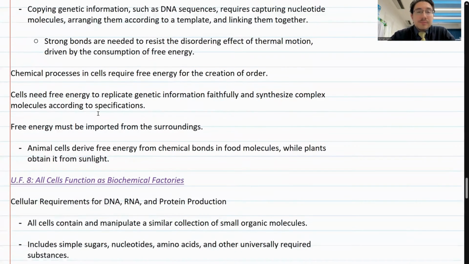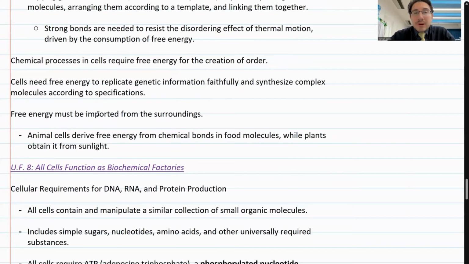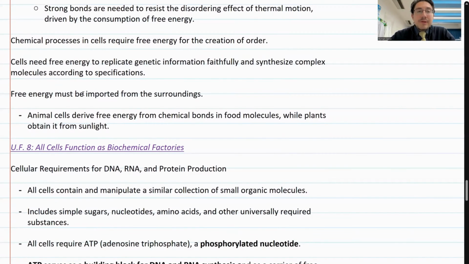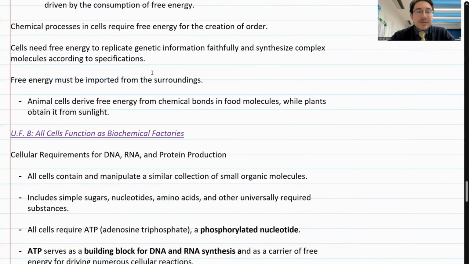So chemical processes in cells require free energy for the creation of order, right? And like I mentioned before, cells need free energy to replicate genetic information with incredible precision, and also to synthesize molecules with specific functions.